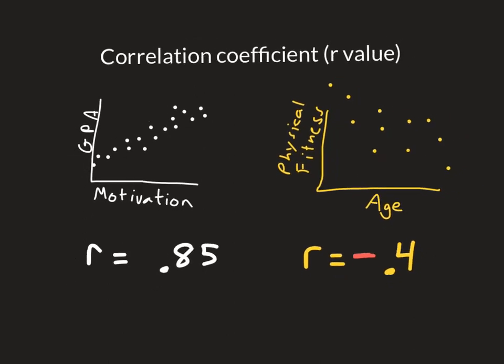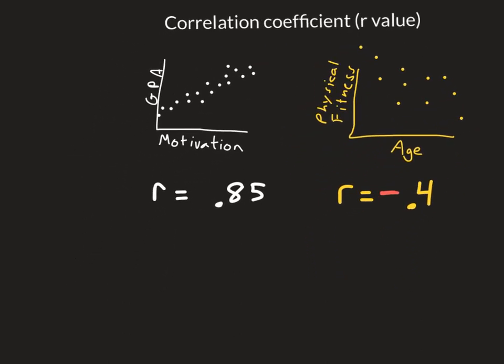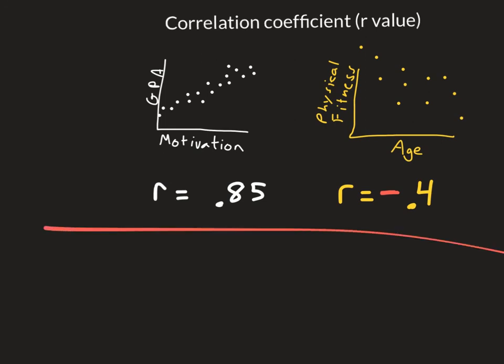So note here that negative does not represent a bad fit. Negative merely represents a downward trend. So for example, you could have a scenario that maybe looks something like this. I could have a scenario with a very strong correlation that's going down.